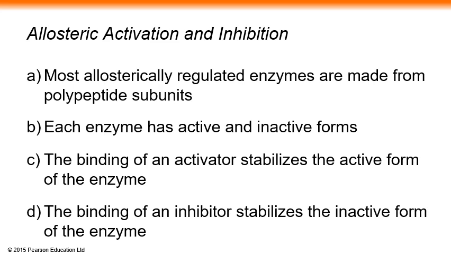They have two forms: one is the active form, the other one is the inactive form. Of course the active form stimulates the biochemical reaction, and with the inactive form, the biochemical reaction is going to get stopped. That's the active form and inactive form.